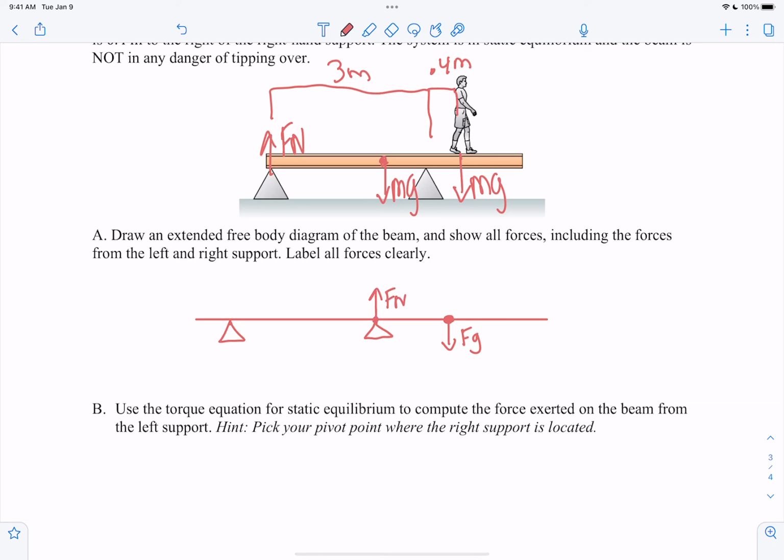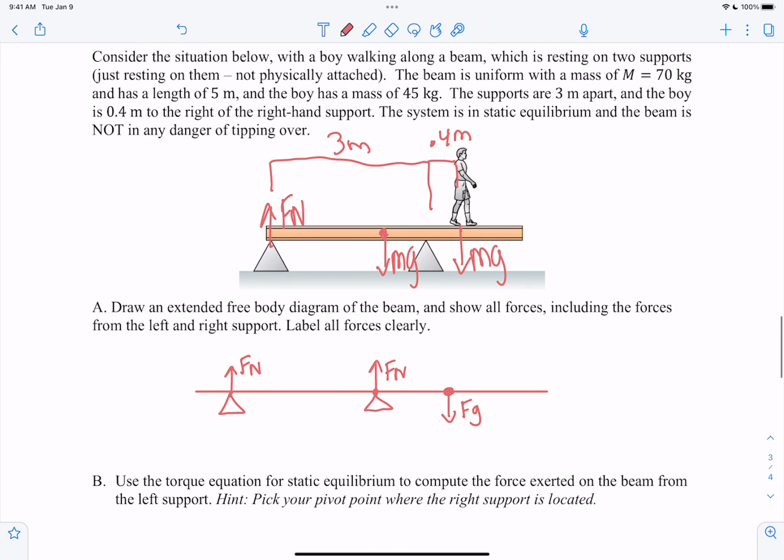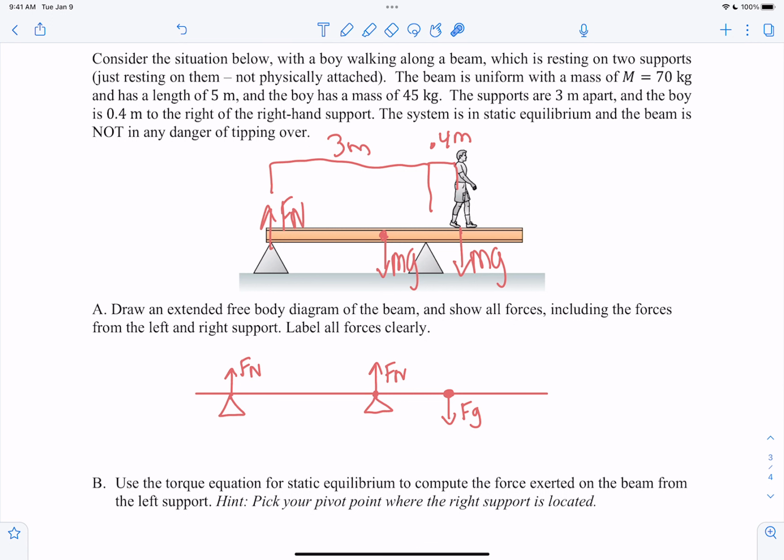Yep, so we have normal force, because those little supports are going to help push the beam upwards. And then there's gravity due to the weight of the kid over here. But there's actually one other force. What do you think it is? Exactly. The force of gravity of the beam itself.